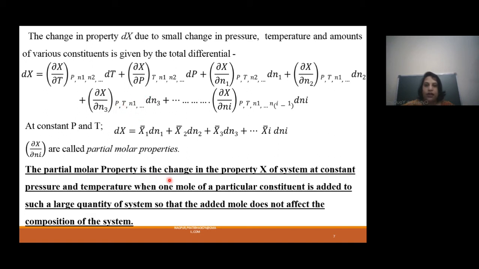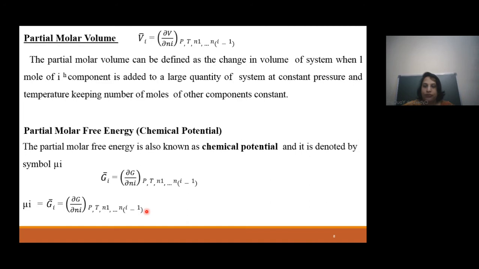So we can define it as the change in the property X of a system at constant pressure and temperature when 1 mole of a particular constituent is added to such a large quantity of a system that the added mole does not affect the composition of the system.